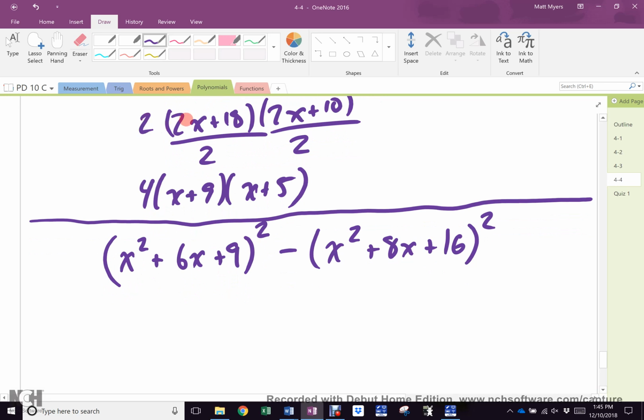Because there's a 2 in front of that one and a 2 in front of that one. And then 2 times 2 is 4. No. I don't see the... no, I don't get it.